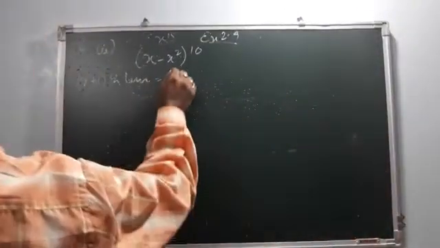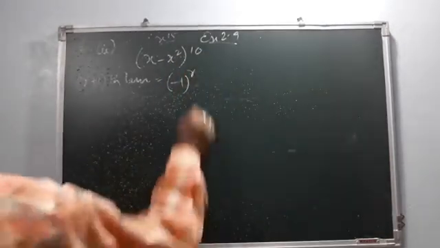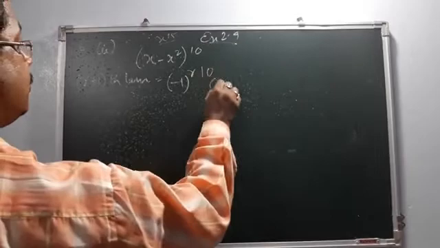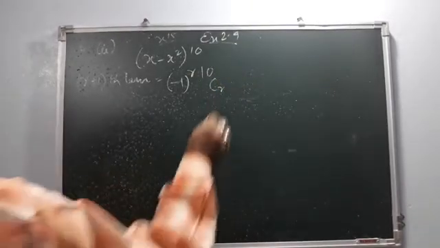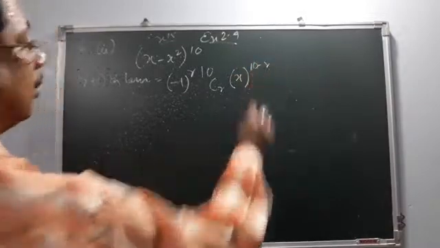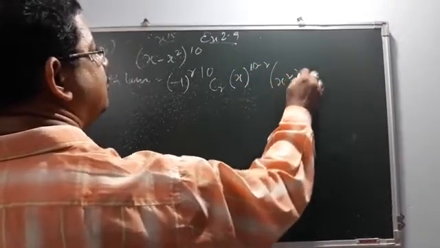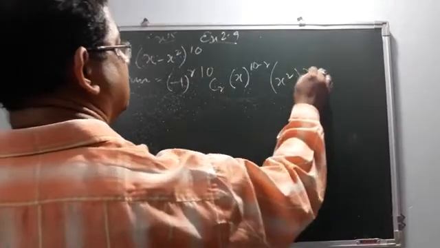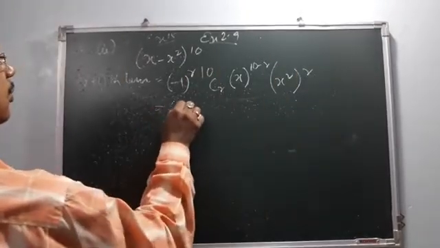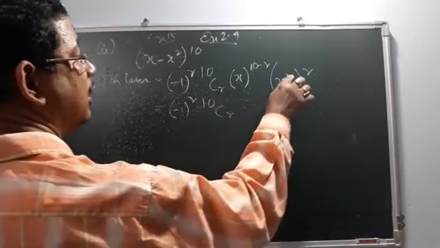The r plus 1 general term is minus 1 to the power r, 10CR, a to the power n minus r, so 10 minus r, b to the power r, here b is x square. So what we get: minus 1 to the power r, 10CR, x to the power 10 minus r, and x to the power twice r.